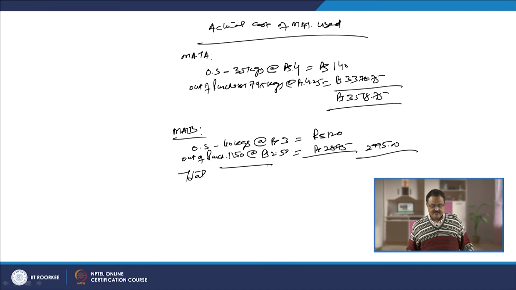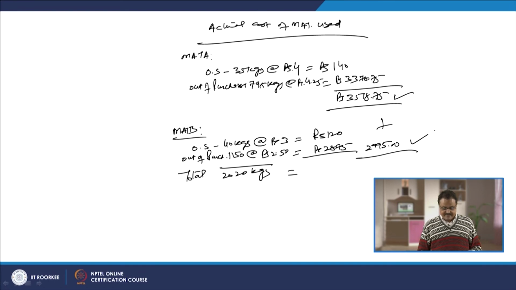So the total amount works out as, sorry, it is 35 and 795, these are the two amounts for the two materials we have used, with 40 kgs and 1150. So the total works out as 2020 kgs. Total material we have used is 2020 kgs, and what is the total cost? This plus this.